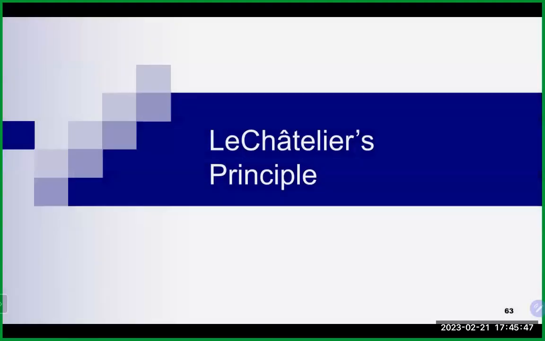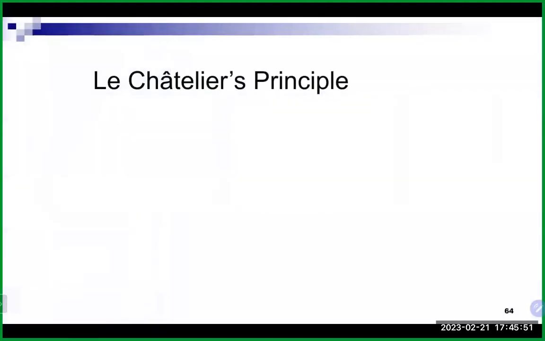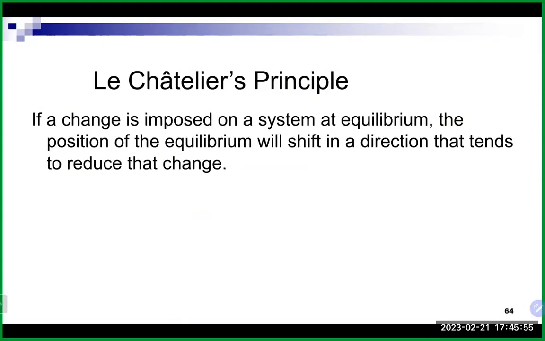Okay, then let's talk about the last part of this chapter, which is Le Chatelier's principle. And Le Chatelier's principle is really the idea of we have a system at equilibrium. So we have this nice system at equilibrium, which basically means, as we've been talking about, that the rate of the forward direction will equal the rate of the reverse direction.